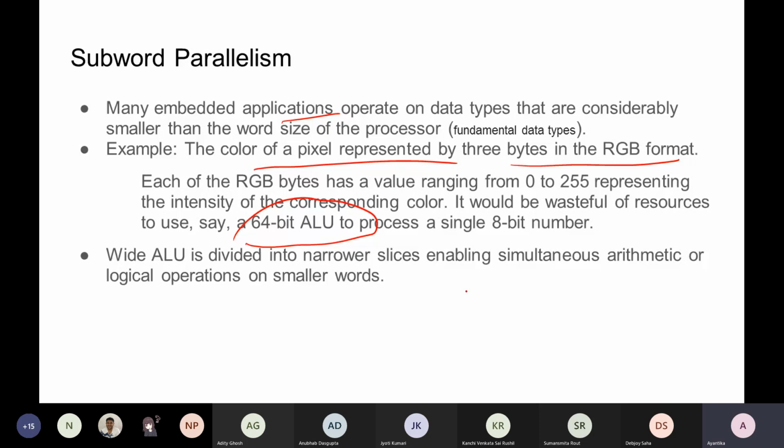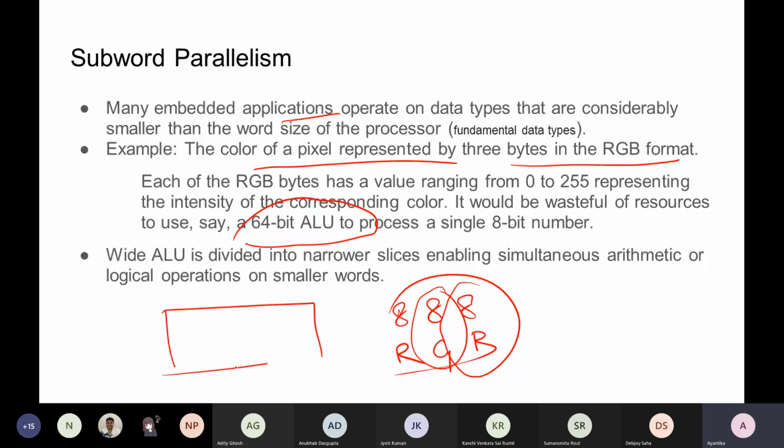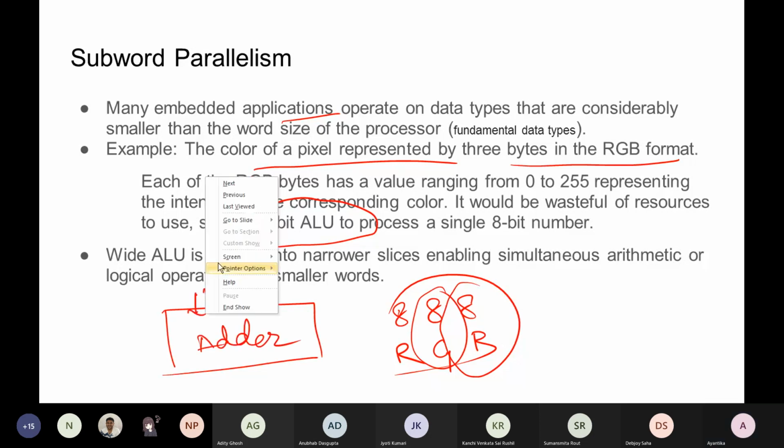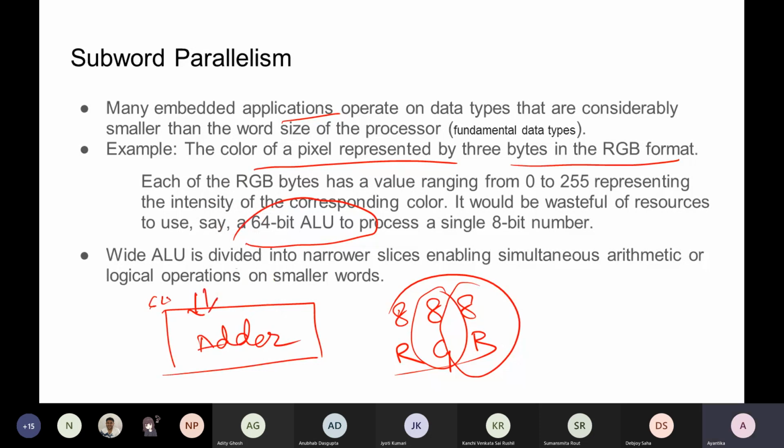So when you are just processing these channels separately, whether B or G or R, you are effectively processing 8-bit data. Whereas you are using this 64-bit ALU, that means you have maybe one adder or multiplier that can process 64-bit data, with 2 inputs that can take 64 bits.